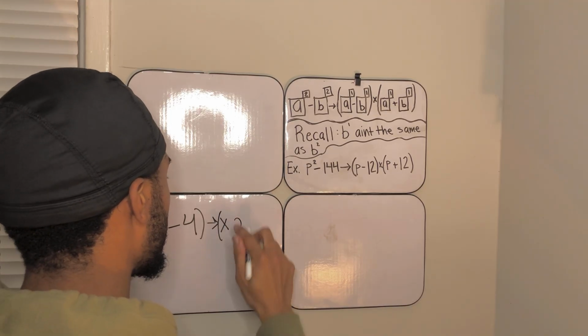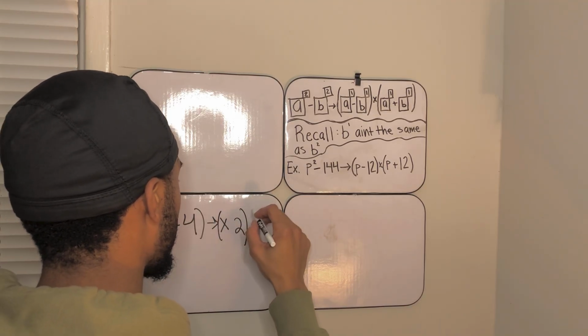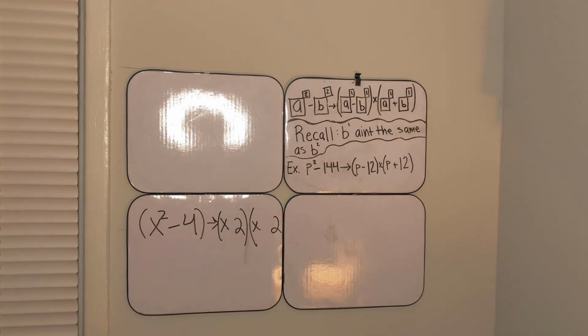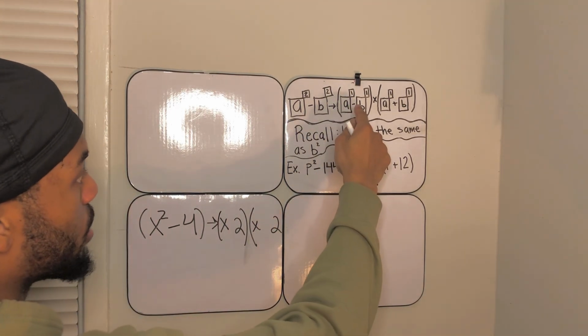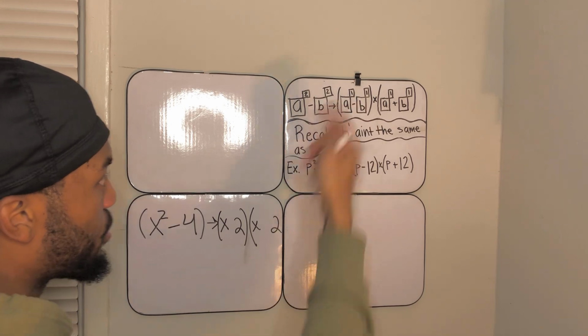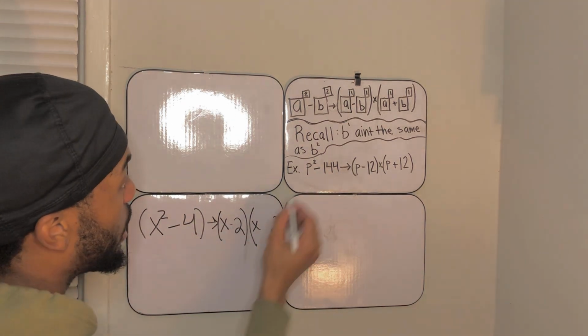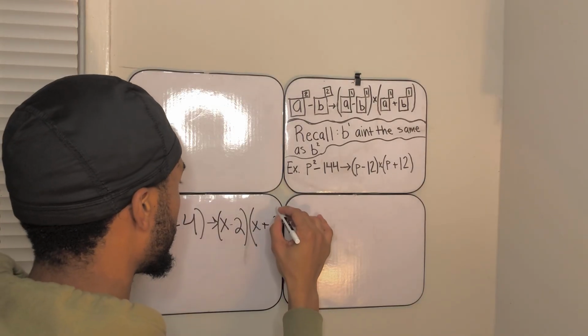So we know x and 2 are going to be in both of these parentheses. Now going back up here, all we have to look at is that in one set of parentheses we're subtracting, and in the other set we're adding.